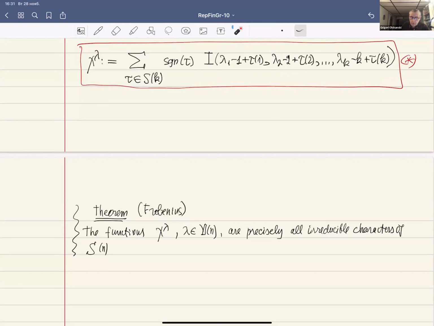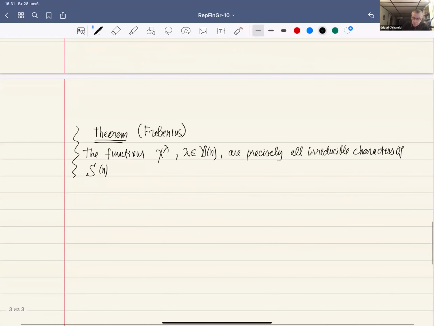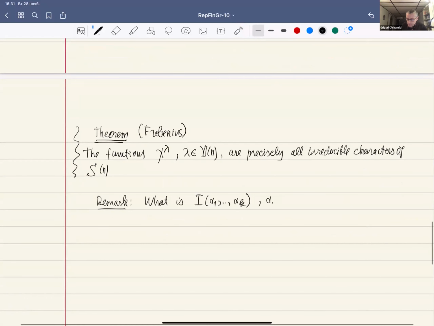One may ask how to compute, say, these characters from the very definition. So this is some remark. What are these characters? We can assume that all these numbers are positive integers.